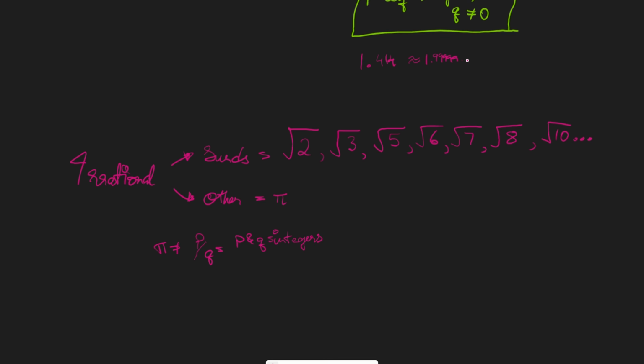It's never going to give you 2, but most modern calculators give you 2. So root 2, root 3, root 5, root 6, root 7, root 8, these are all surds.